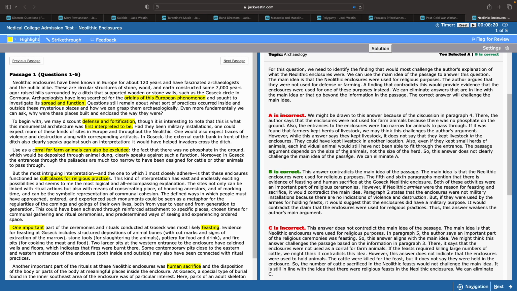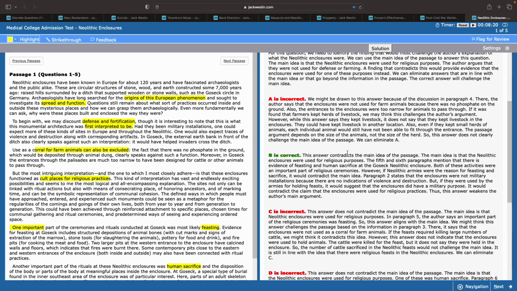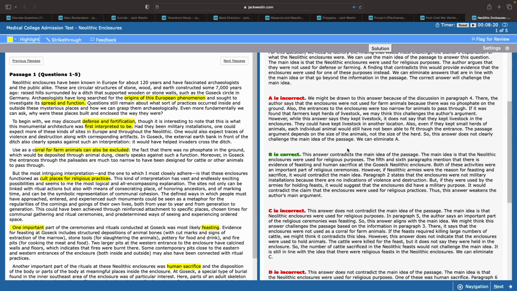A. We might be drawn to this answer because of the discussion in paragraph 4. There, the author says that the enclosures were not used for farm animals because there was no phosphate on the ground. Also, the entrances were too narrow.